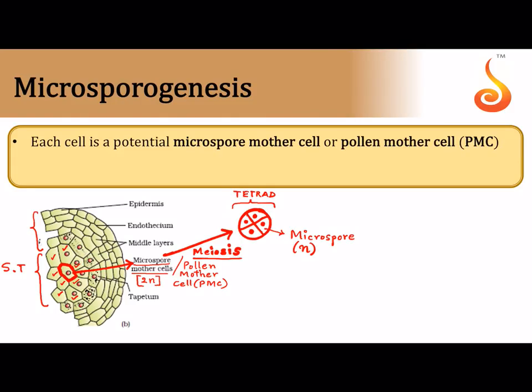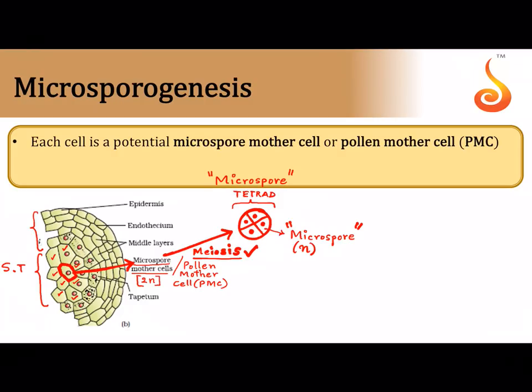In this, I have taken only one cell. So this cell of the sporogenous tissue, the microspore mother cell, undergoes meiosis to form 4 haploid daughter cells called microspores, which are stuck together to form an aggregate called a microspore tetrad.